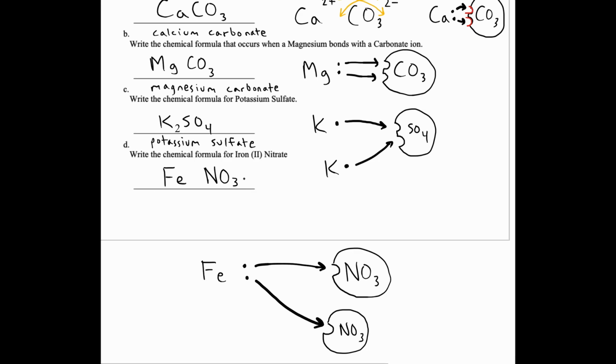And so we won't actually just put a 2 at the end here and stop. What we're going to do is put a parentheses around the entire polyatomic ion. Then when we put the subscript on the outside of the parentheses, that subscript means that we have 2 of this whole thing. So we have 2 nitrates is what that means. So that'll be our answer for the formula for iron 2 nitrate.